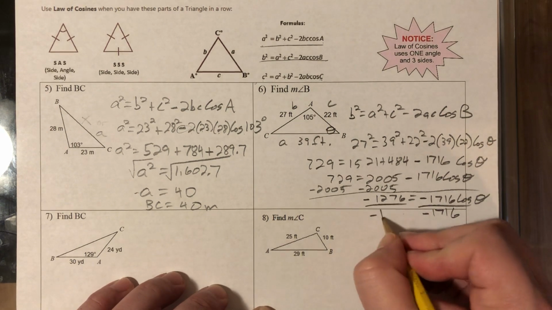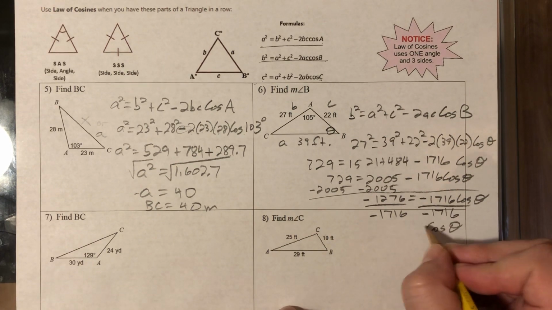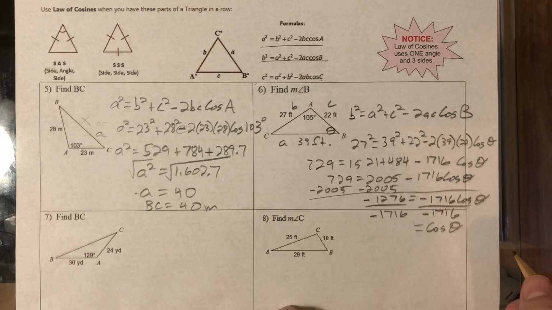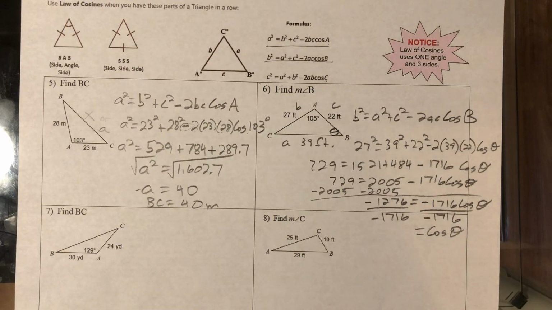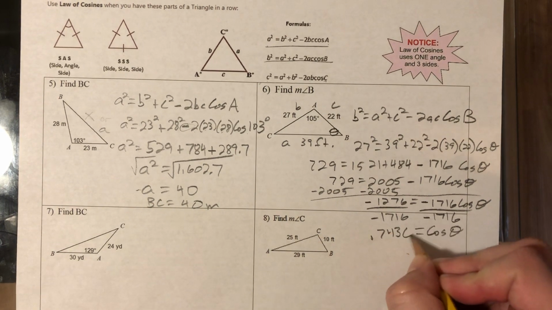Okay? When we do that, we get cosine theta equals negative 1,276 divided by negative 1,716, which is going to equal 0.7436.